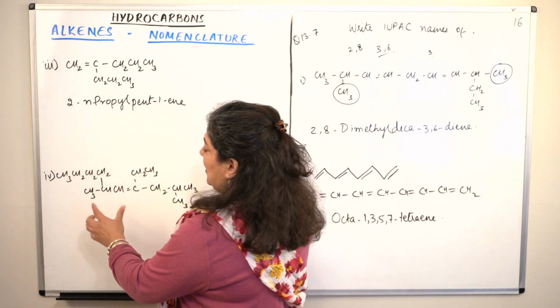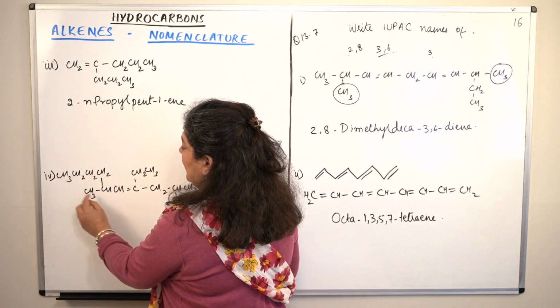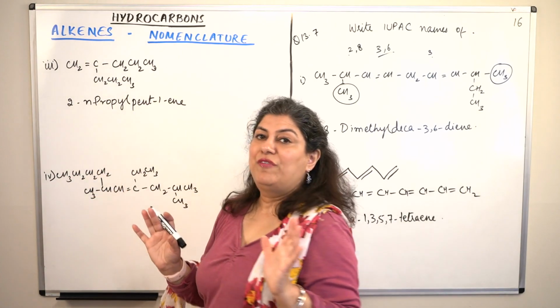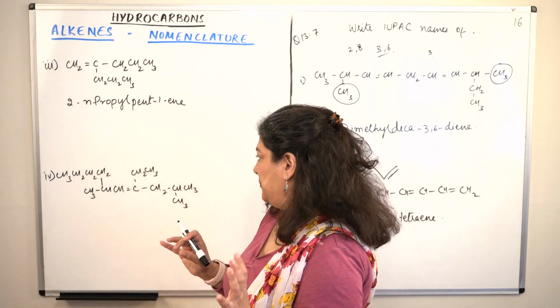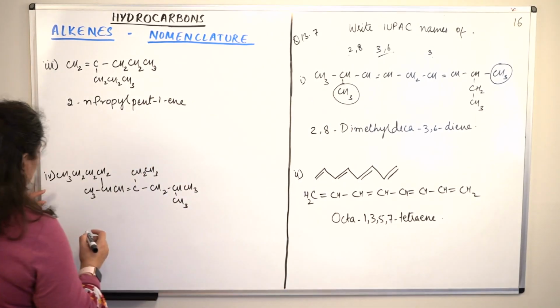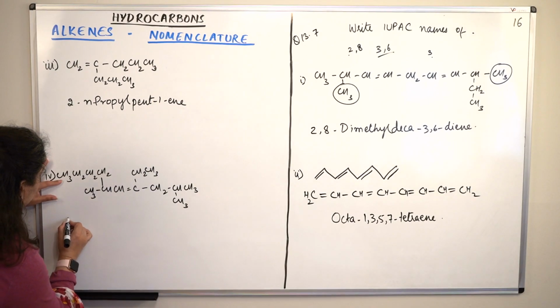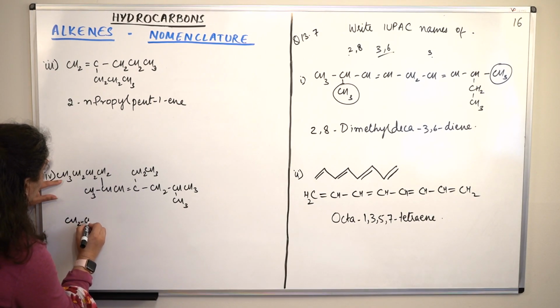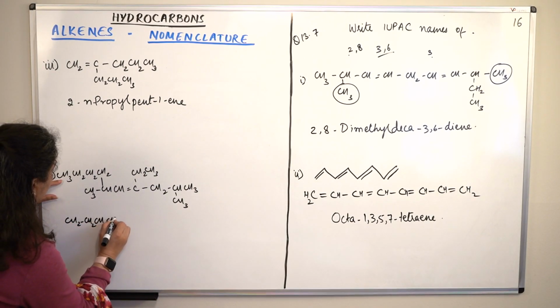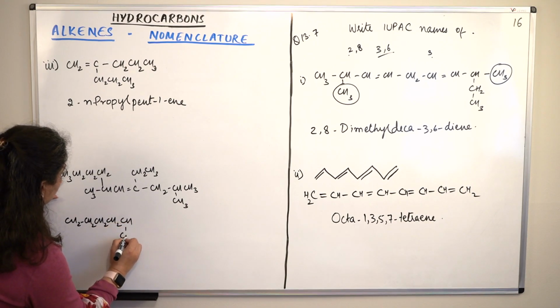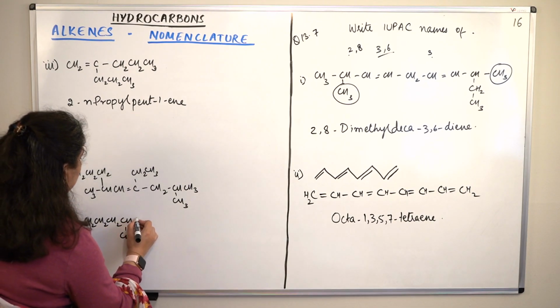If they would just have written this whole thing here and the CH3 up here, it would have appeared simpler. Honestly, let me just write it down and show it to you. There's a CH3, CH2, CH2, CH2, CH. This has a CH3. Then there's a CH here.